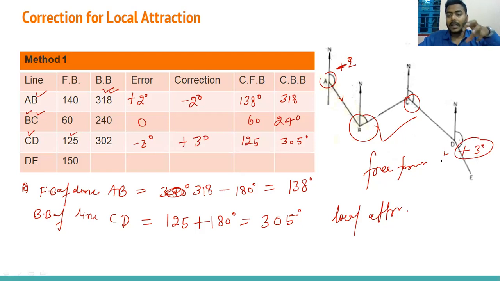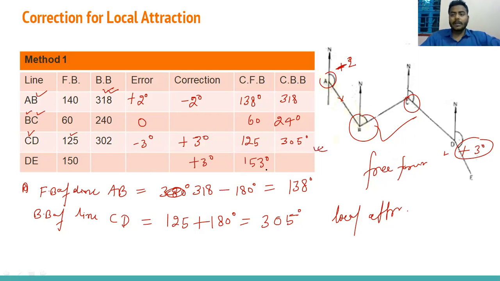So whatever observation I have taken from D should be corrected by plus 3 degree. So the reading from D to A was taken as 150 degree, but it needs to be corrected by plus 3 degree, so it should be 153 degree.